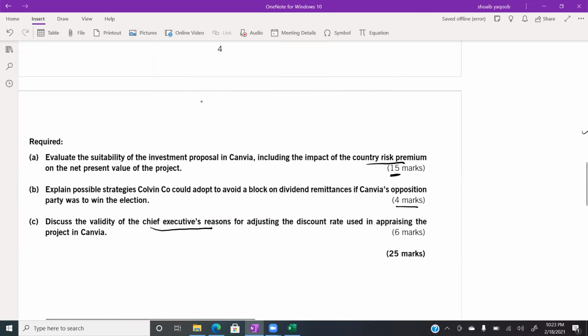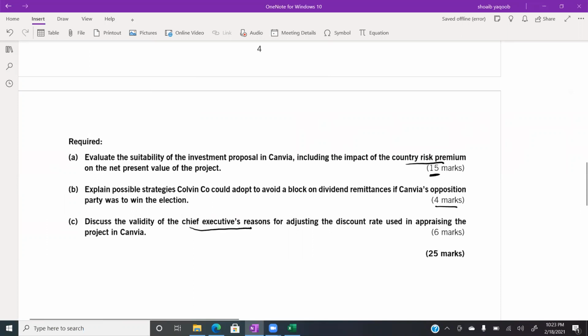So you have to discuss this statement. I was discussing this statement in detail because of the last part. Look, let's read the requirement again. Discuss the validity of the CEO's reasons for adjusting the discount rate used in appraising the project in Convia. So the CEO is saying that you should increase the discount rate to reflect the additional risk.